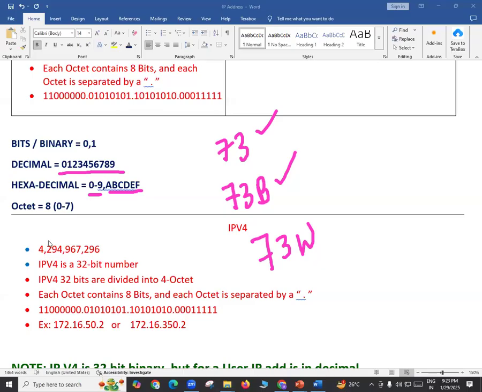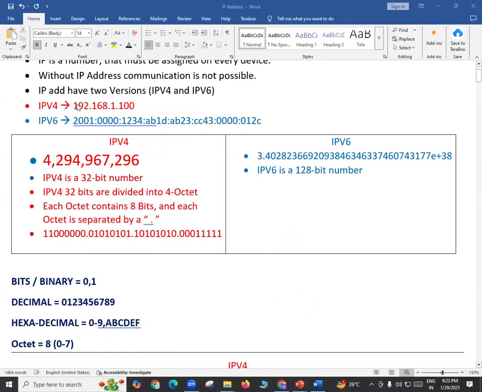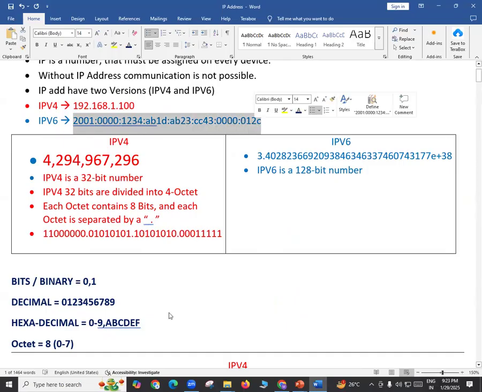Now see here, friends, when I go and see the IP version 4 here, can you see it is there in decimal? 192.168.1.100 is decimal. But when I see the IP version 6, can you see here 2001, 0000, 1234, and there is something called AB1D, AB23, CC43, 0001, 2C.